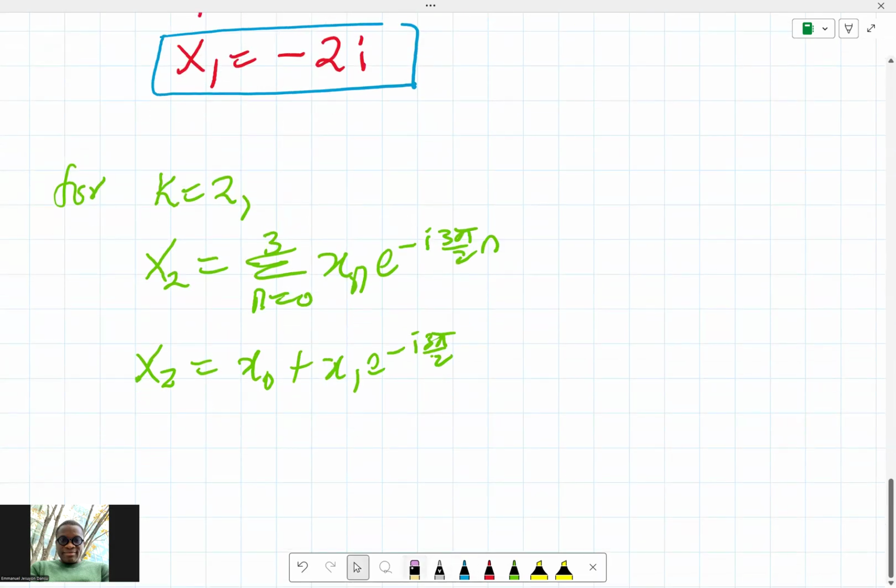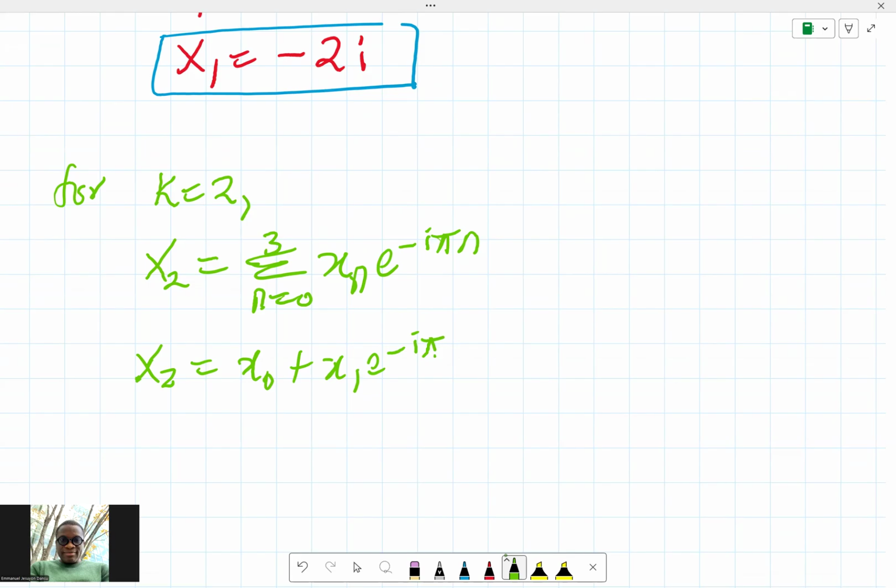Because k is 2, we just have pi n here. So when n is 1, we just have i pi, basically, for x1.